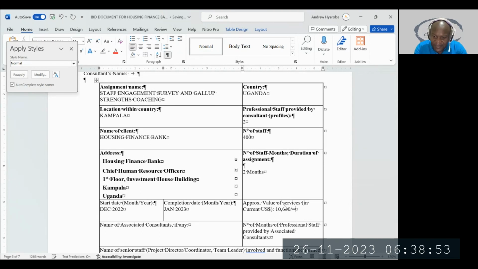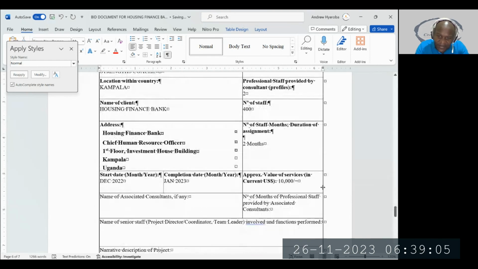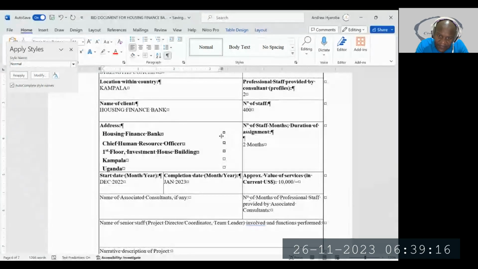In US dollars. How much the services you provided were in US dollars, which is, again, because this template was just copied and pasted from World Bank's bidding documents, especially because at that point, government was receiving money from who? From World Bank.